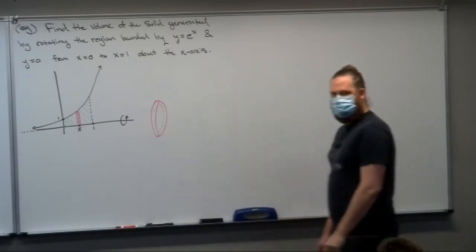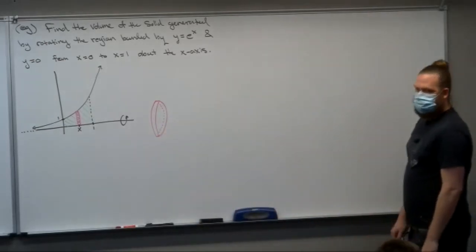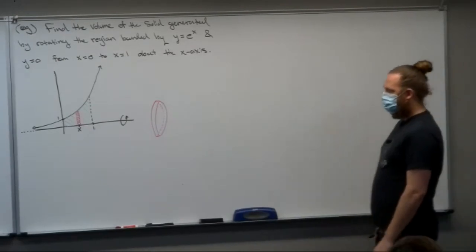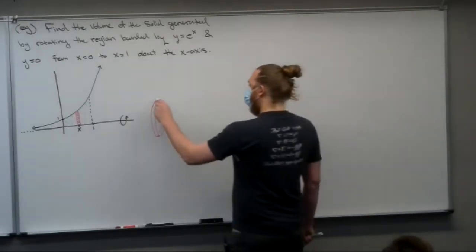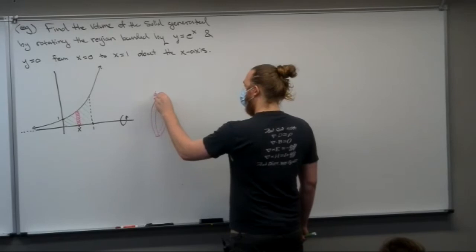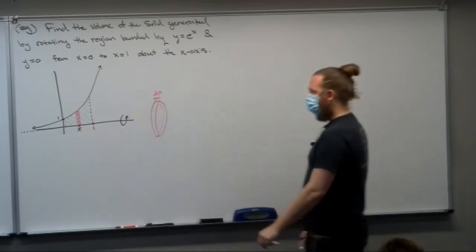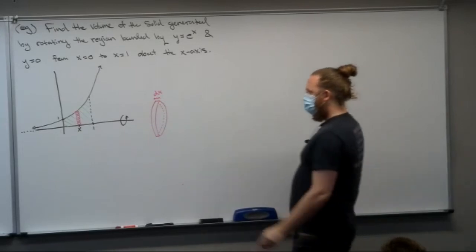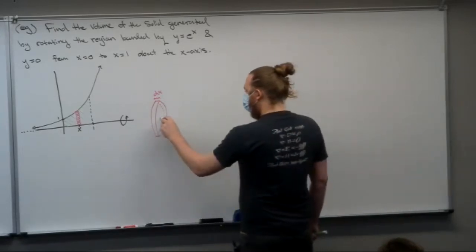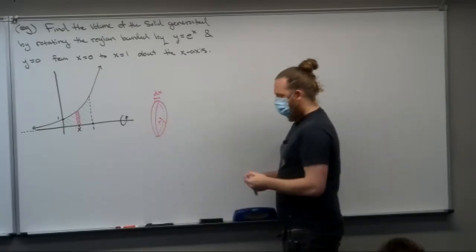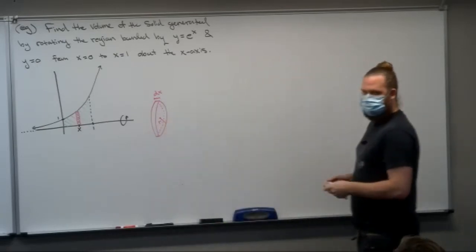That little solid has the little volume I need to integrate to find the volume of the total solid. This thickness is dx. The width of this strip is dx. I need also the radius of this little disc. Can anybody help me with the radius here?